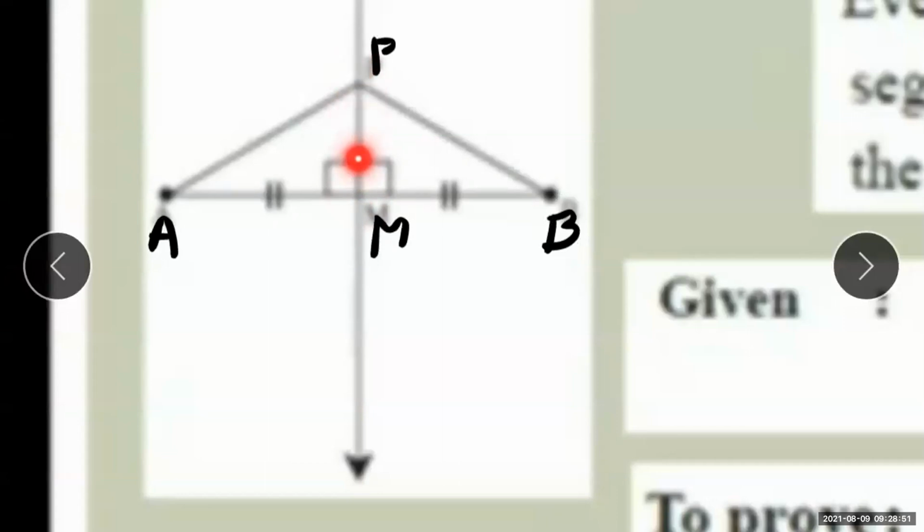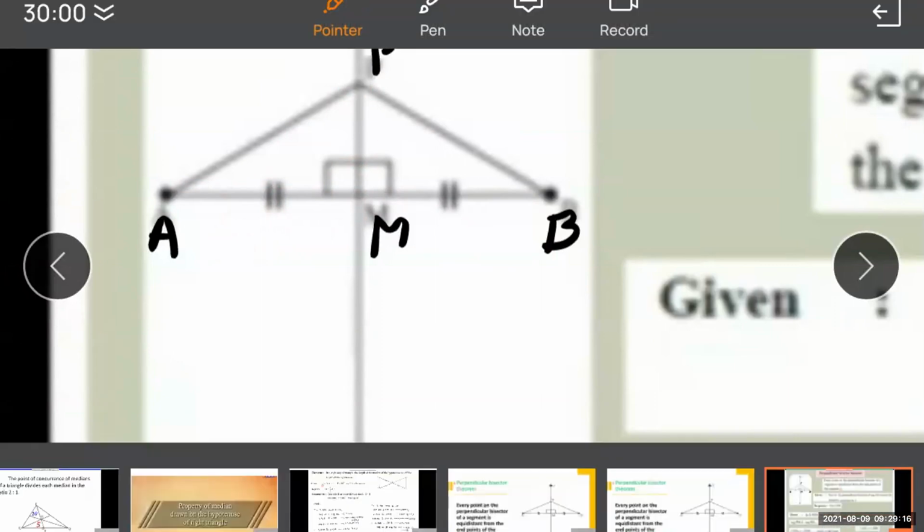Now angle M is congruent with this angle M as those are 90 degrees each, and segment AM is congruent with segment BM. So by SAS test, both the triangles are congruent to each other.